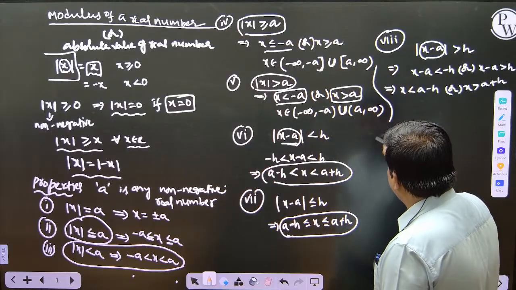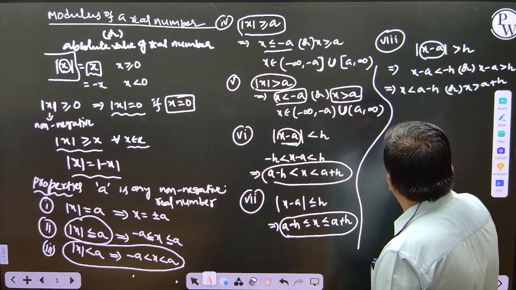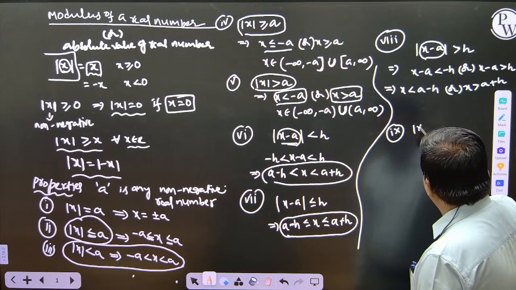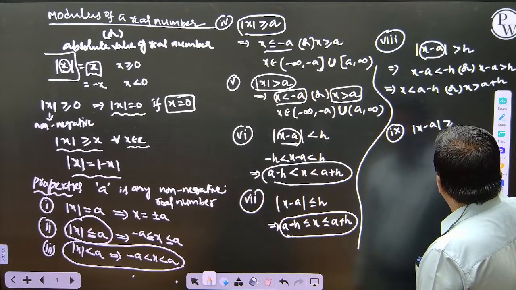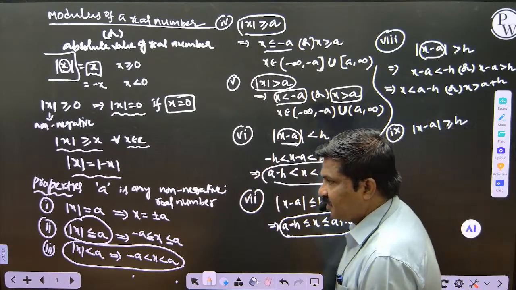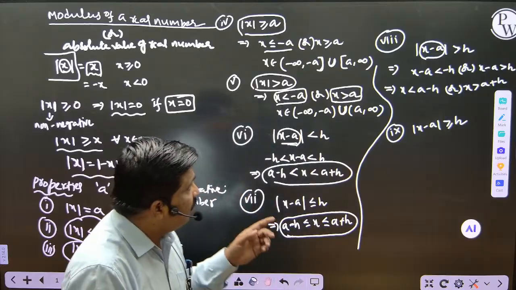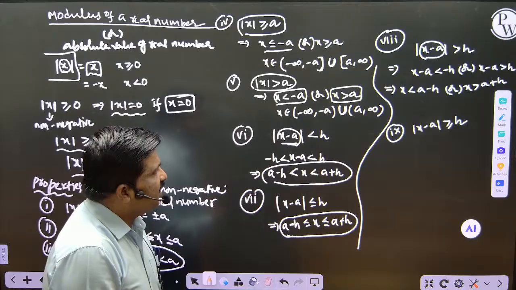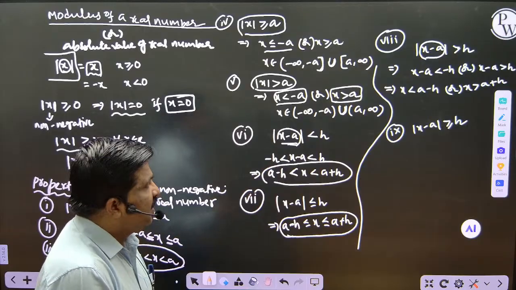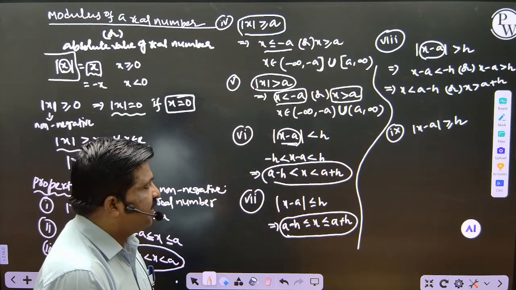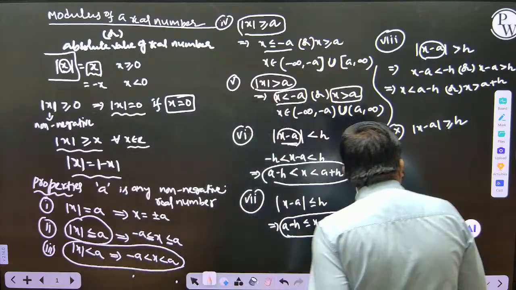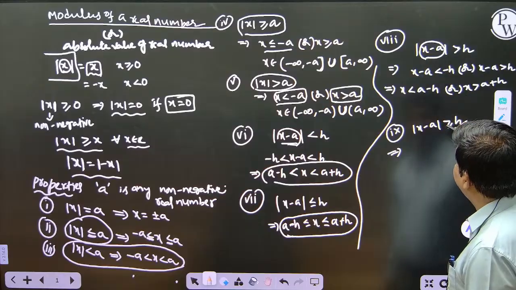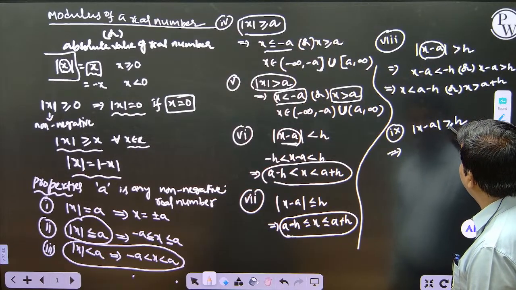In a similar way, the ninth one is modulus of x minus A greater than or equal to h. Already we know modulus of x minus A greater than h. Now modulus of x minus A is greater than or equal to h. What is the difference? Equality only.